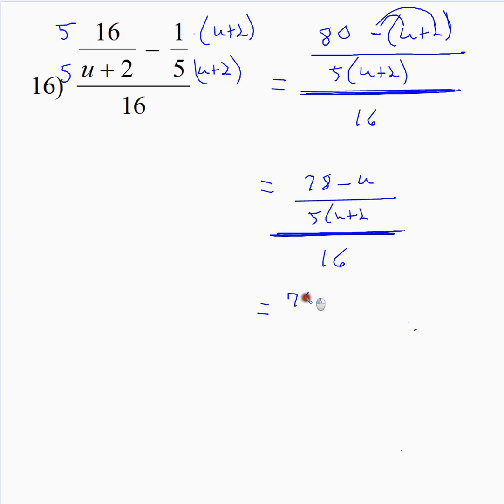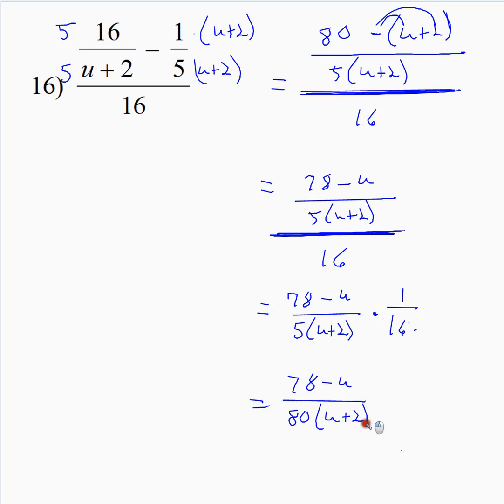So we're going to have 78 minus u over 5 times u plus 2, multiplied by the reciprocal of 16, which is 1/16. And we get 78 minus u in the numerator over 80, because 16 times 5 is 80, times u plus 2.